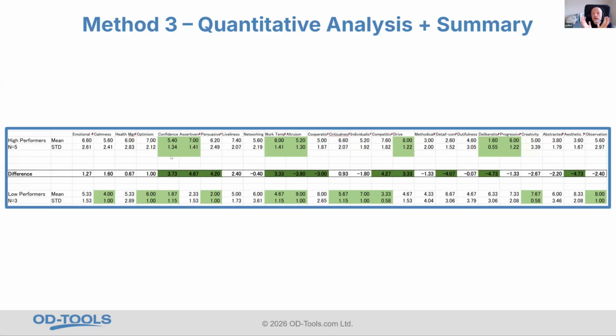And the smaller the deviation, there's also something more systematic. I highlighted with green wherever the deviation is small or the difference is big, or both. And this is a method that highlights which are the traits that are important from the viewpoint of this quantitative analysis, and where the range should be. The range should be around the midpoint of the high performers, so a little bit lower, a little higher.